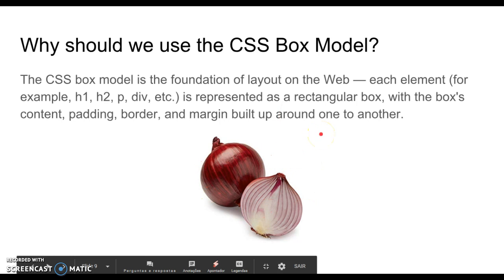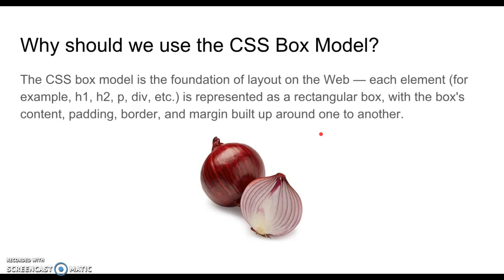As a browser renders a web page layout, it works out what styles are applied to the content of each box, how big the surrounding onion layers are, and where the boxes sit in relation to one another. Before understanding how to create CSS layouts, you really need to understand this box model.